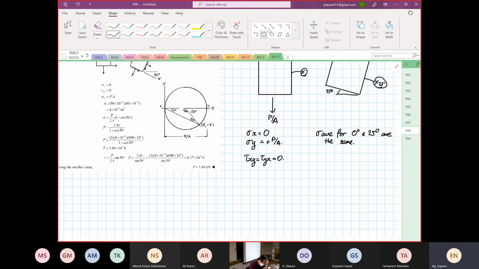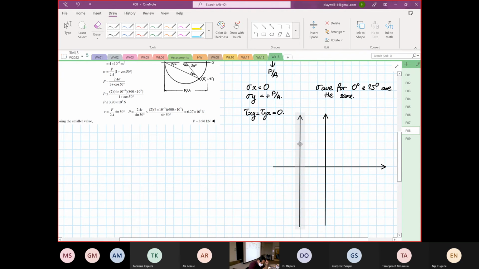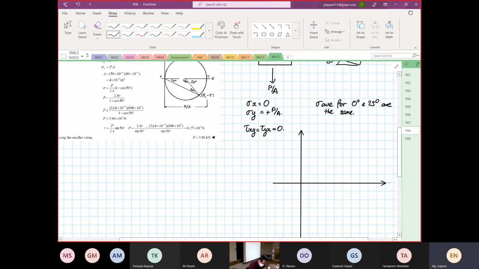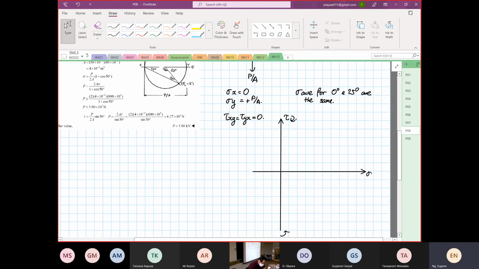So when we sketch our Mohr's circle diagram now, this is our normal stress, shear stress with element rotating clockwise, shear stress with element rotating anti-clockwise.